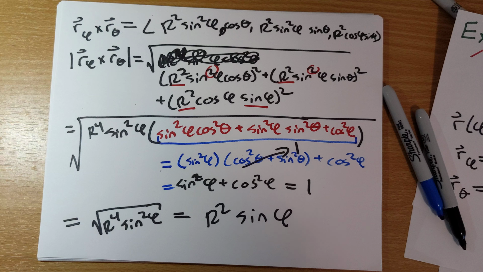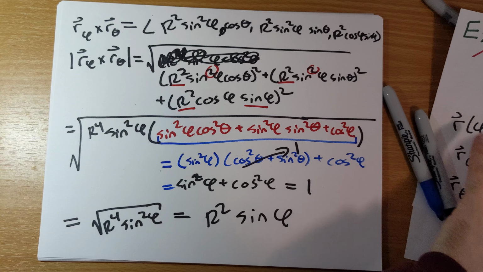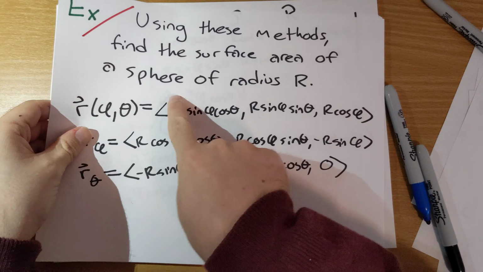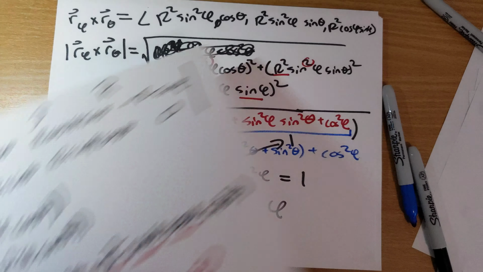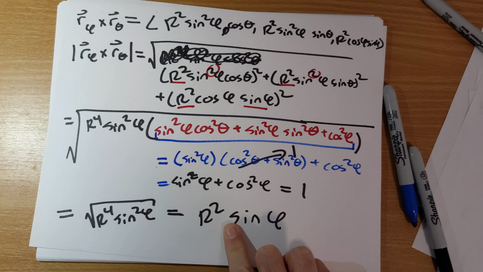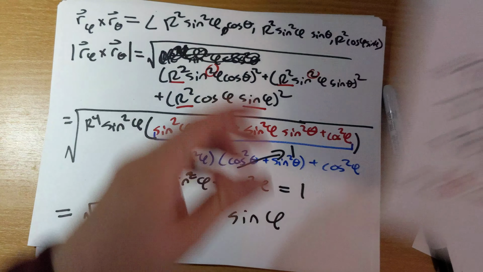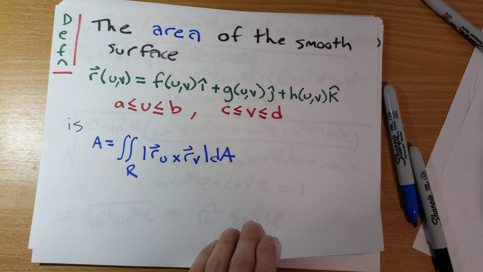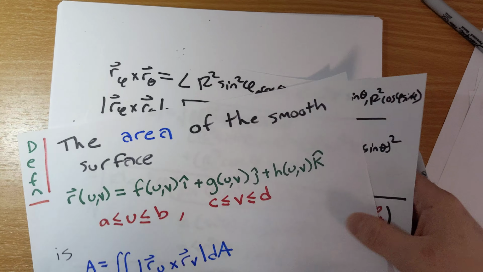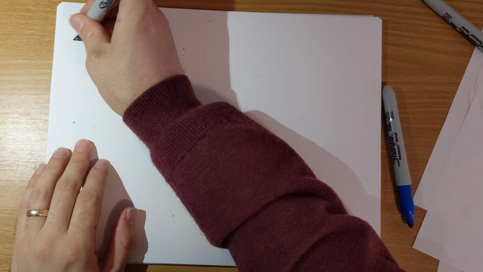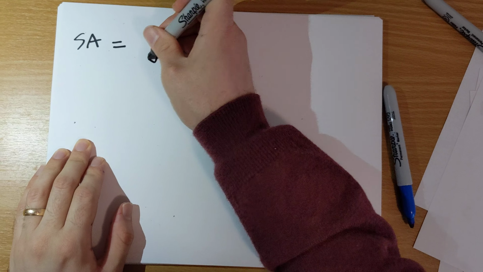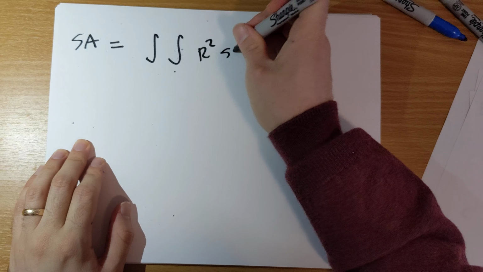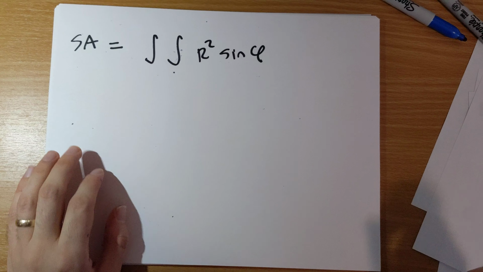Okay, so deep breath. We did a lot of crunch work here to figure out, going from here to here to here, the magnitude of the cross product. So now, what do we have to do? We just have to integrate this. So surface area is the integral of r squared sine phi.